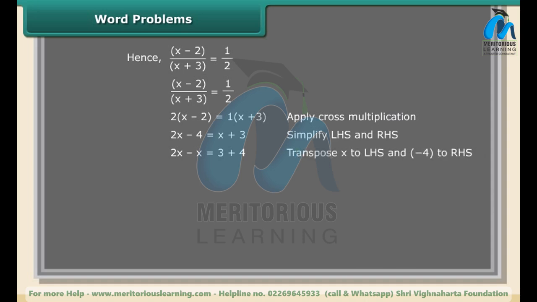Transpose x to LHS and minus 4 to RHS. x is equal to 7. Simplify LHS and RHS. Original fraction is equal to x minus 3 upon x is equal to 4 upon 7.